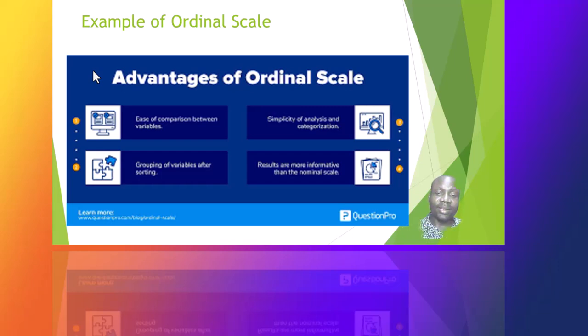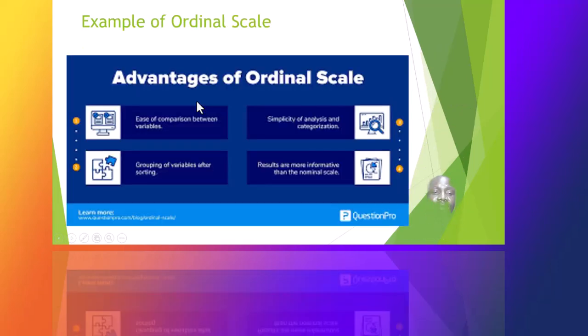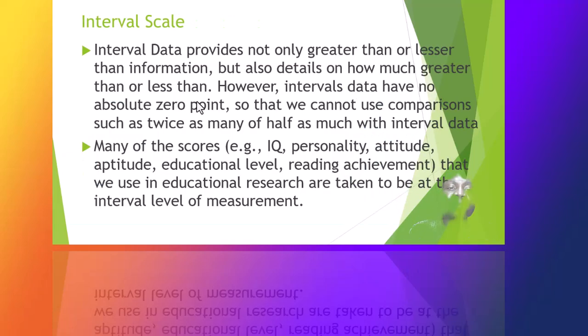It is very important to note that the ordinal scale is simply for analysis and categorization, and the result is more informative than nominal scale because we can know the difference, although we may not get the magnitude of the difference.